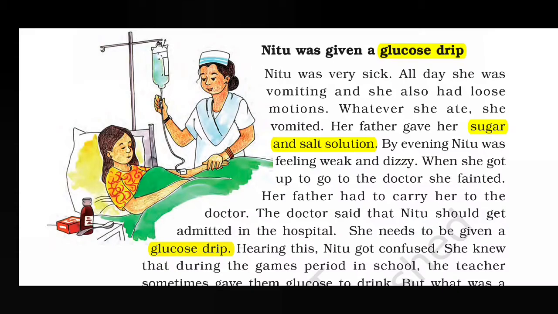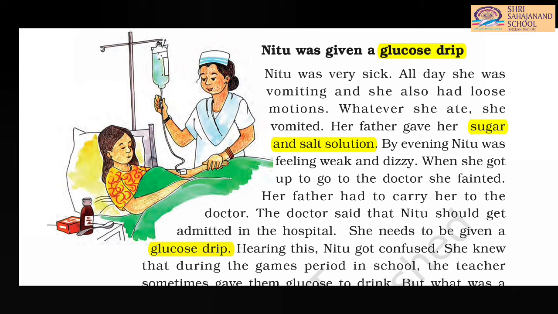The next topic is about the glucose drip. When this glucose drip is given and why it is given, they have discussed in this topic. They have given the story of Neetu, who was very sick and got vomiting and loose motion. The father of Neetu gave her a sugar and salt solution, which is one of the cures for loose motion and vomiting.